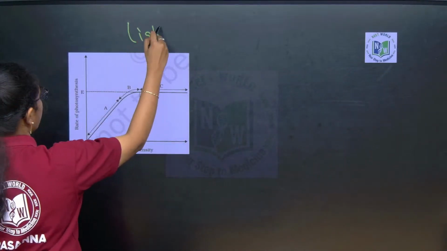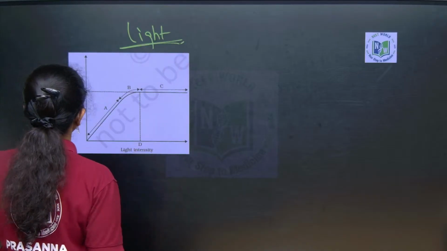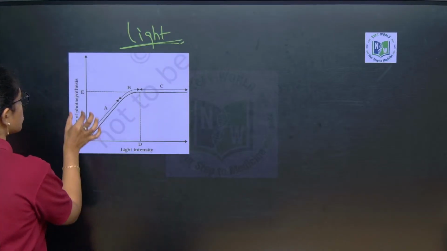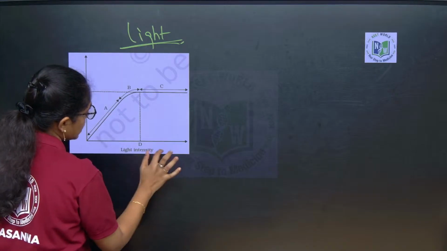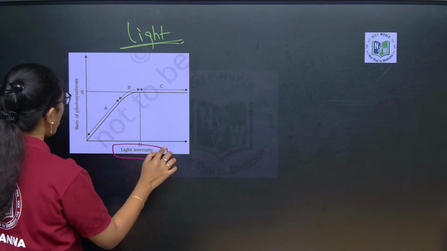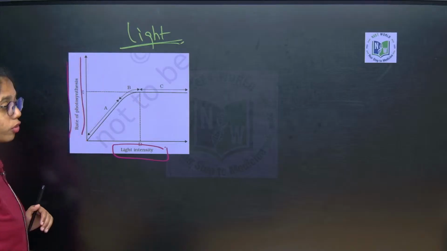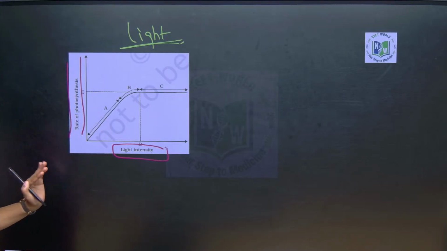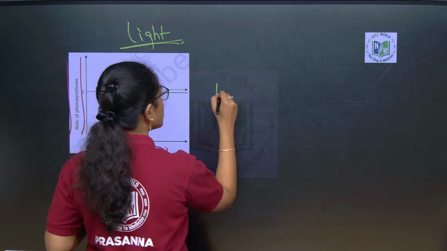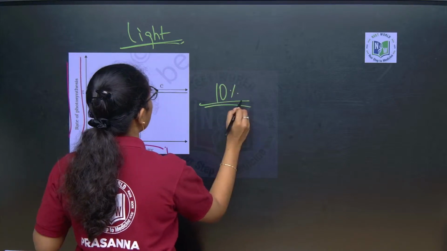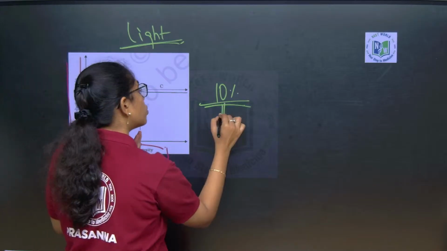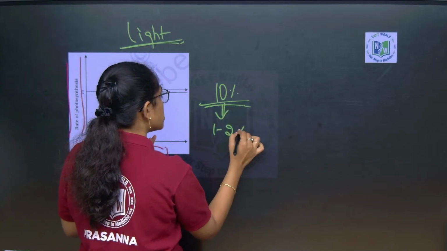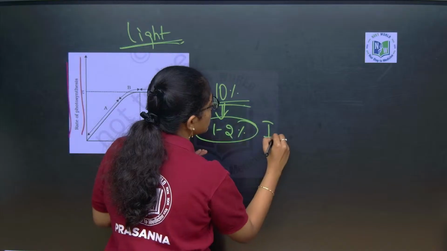And then this is the limiting factor of light, where on the x axis light intensity is plotted, and on the y axis rate of photosynthesis is plotted. Just at 10% of total sunlight, the light comes to the saturation level. Only 1 to 2% from this 10% is used as incident light.